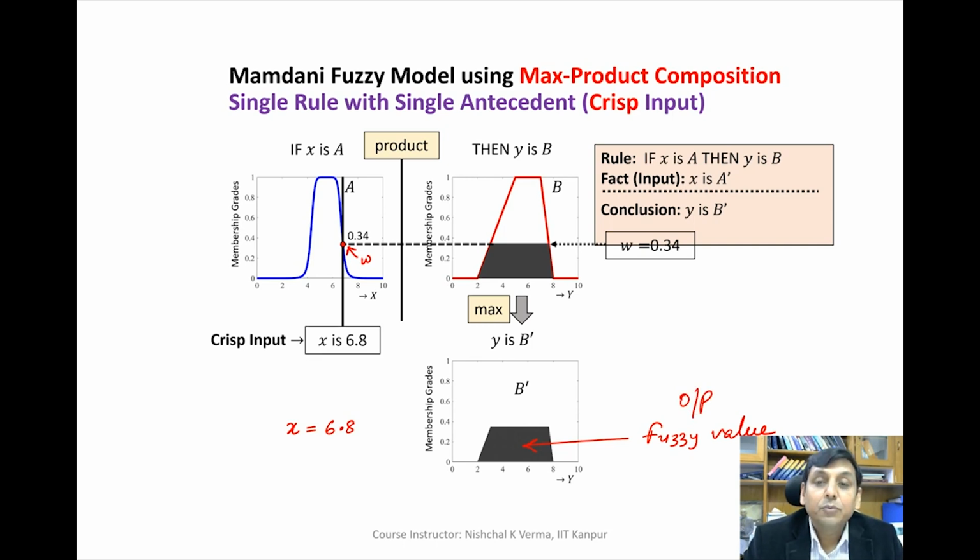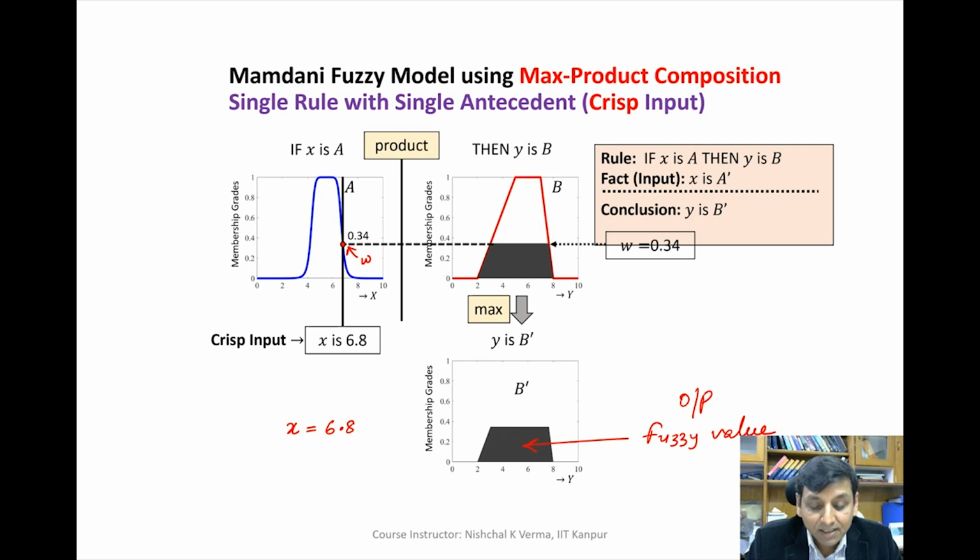So whether we have here in this case the composition, max product or max min, both are giving the same output, and we know the reason, because in both the cases, only a single rule with single antecedent is applied.